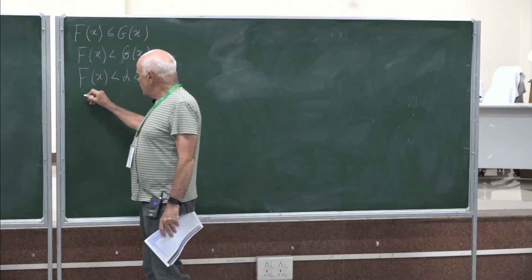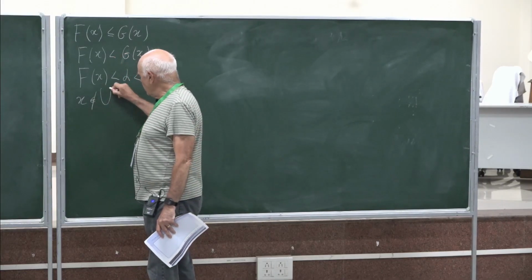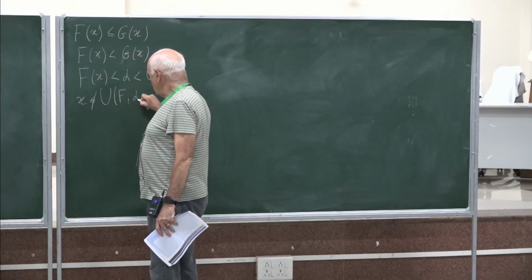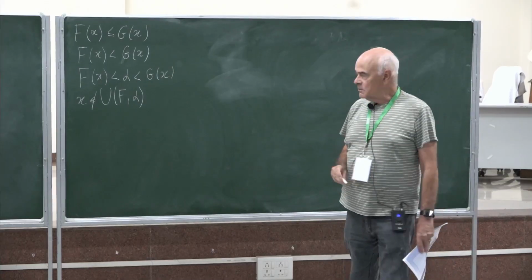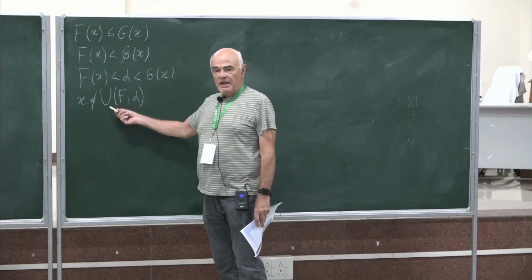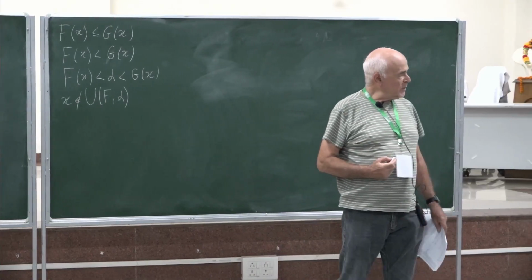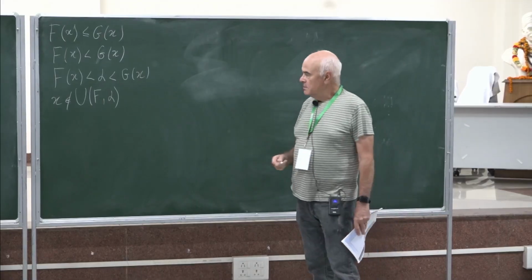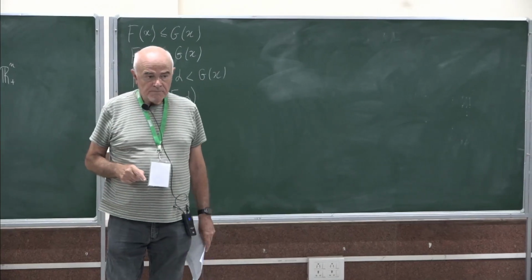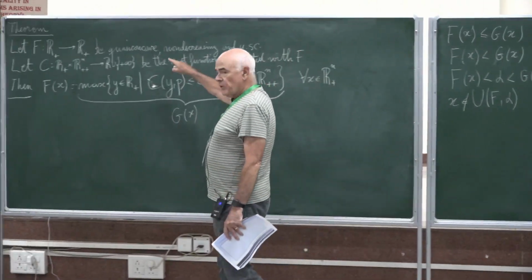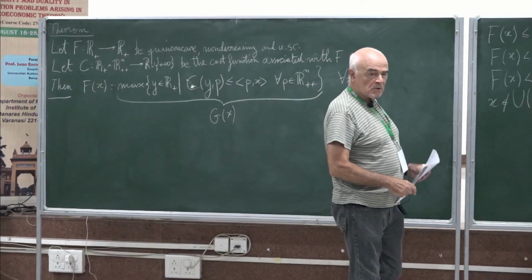This simply means that x does not belong to the upper level set of f corresponding to the level alpha, okay, because this set is defined by f of x greater than or equal to alpha. And what do we know about this set? It's convex and closed. It's convex because our function is quasi-concave, and is closed because our function is upper semi-continuous.